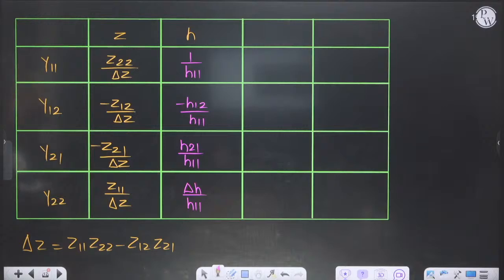Then we have G parameters. First I will check Z22, Z12, Z21, Z11. Yes, 1 by H11, H12.